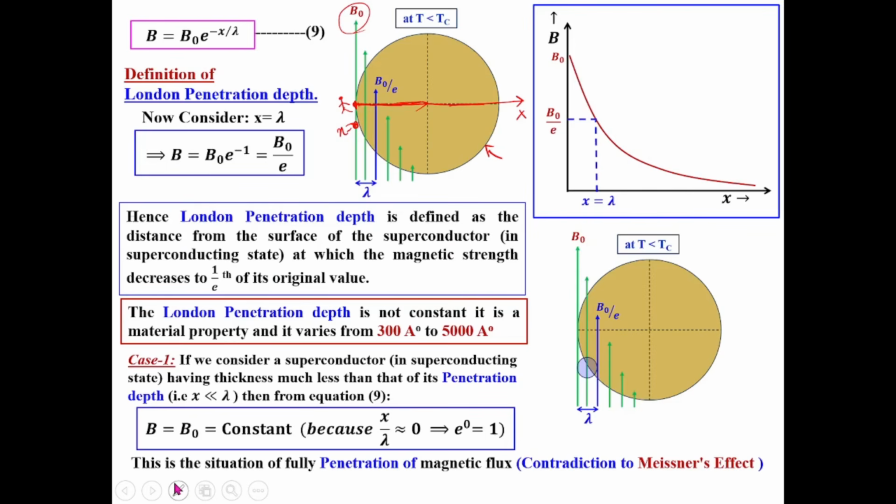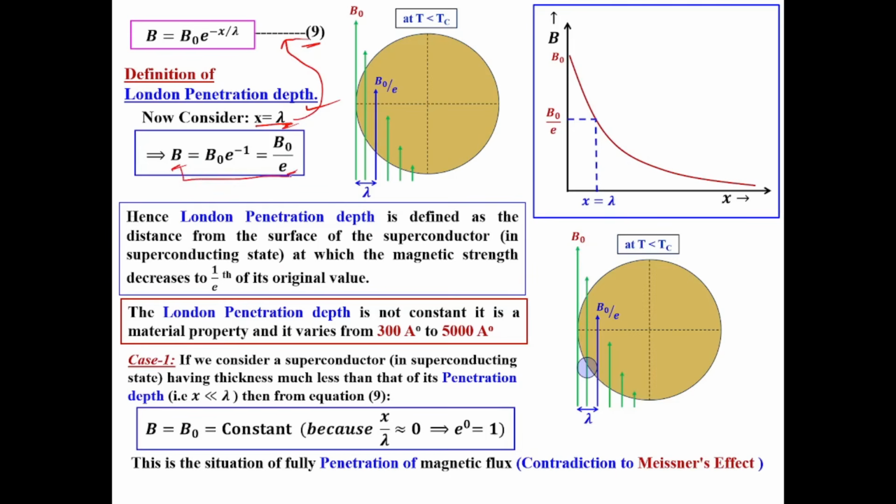Now we are going to define the London penetration depth, that is your lambda, by using equation number 9. How? Consider x equal to lambda. At x equal to lambda in equation number 9, we find B equal to B naught by e.